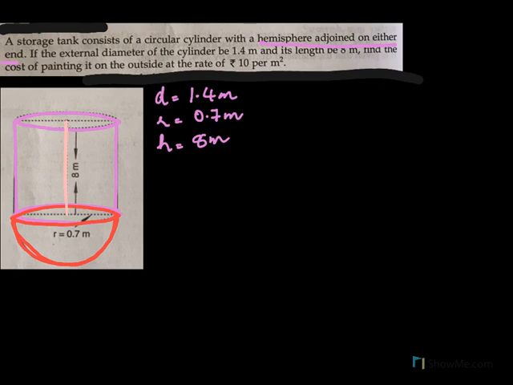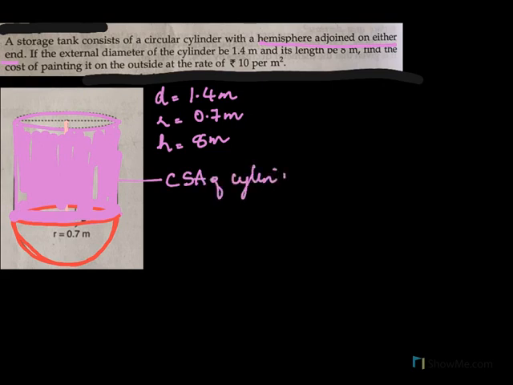Now this tank consists of two things. One is the cylinder. Here we've got to paint this part. This is the cylinder part that we need to paint, and that will be CSA of cylinder. And you know the CSA of the cylinder, 2 pi RH. Everything is given. R is given, H is given. And then we need to paint the bottom.